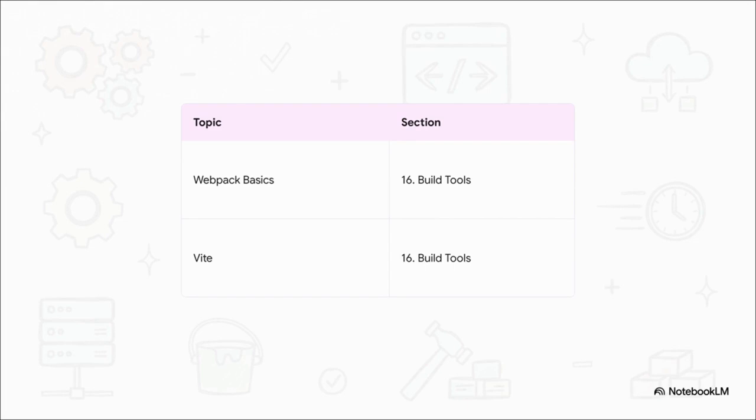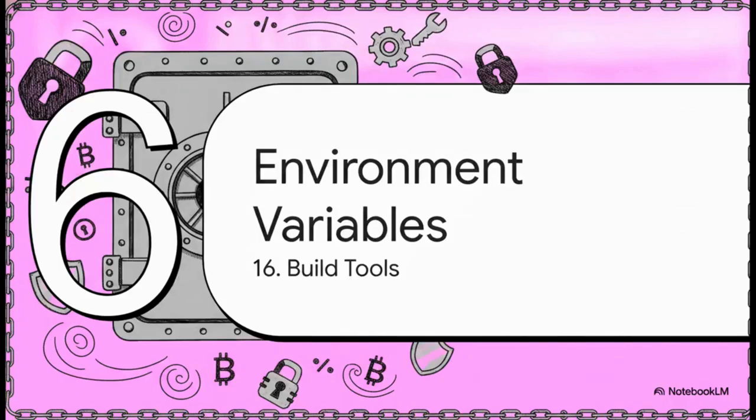Instead of bundling everything up front, Vite leverages native ES modules, or ESM, directly in the browser to serve files on demand. When you make a change, it uses hot module replacement, or HMR, to update only the specific module that changed. It is the difference between a slow-moving freight train and a sleek bullet train, making the developer's experience virtually instantaneous.